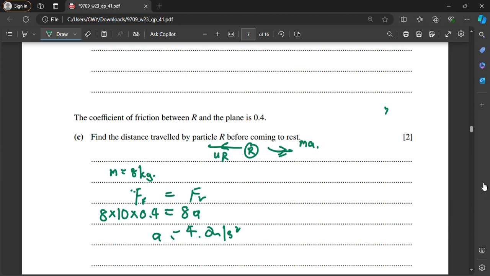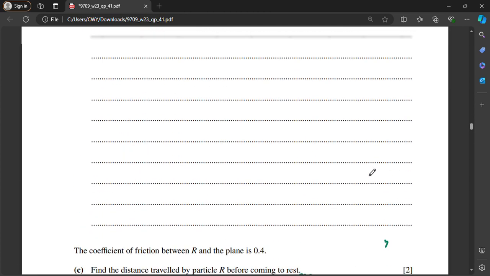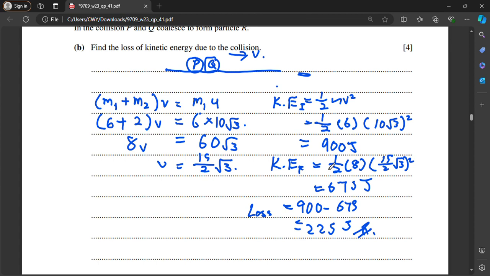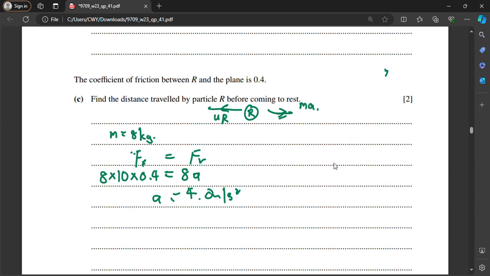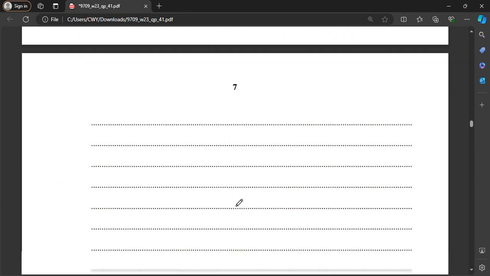And for the distance traveled, what do we have? We have final velocity, because it says it comes to rest. So that means my initial velocity is how much? My initial velocity is going to be 15 over 2 root 3. u is equal to 15 over 2 root 3 because we found it in the above question.